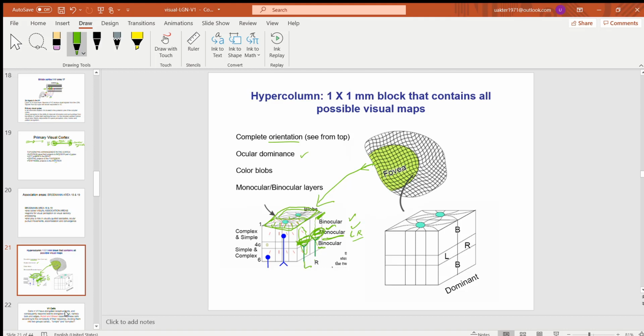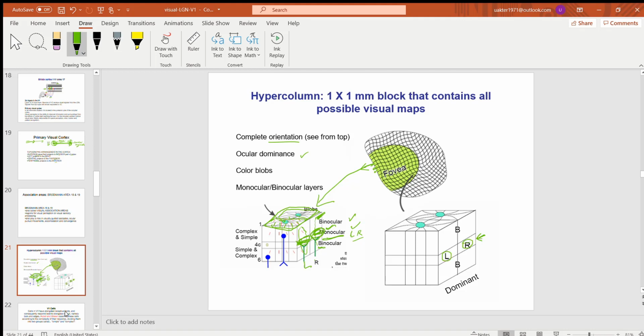And also you have the color blobs. You have red color blobs, green color blobs, and blue color blobs. So different color sensitive blobs. So all these three things are present in each hypercolumn. So each hypercolumn is working kind of independently. Makes sense? You have the monocular representation, that means left eye and right eye, and you have monocular and binocular representation.